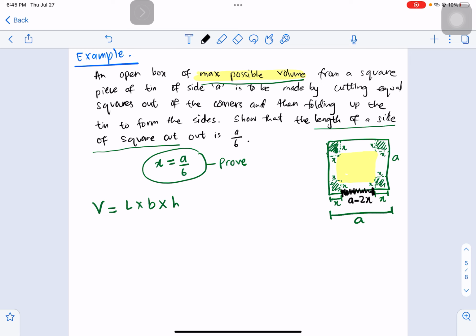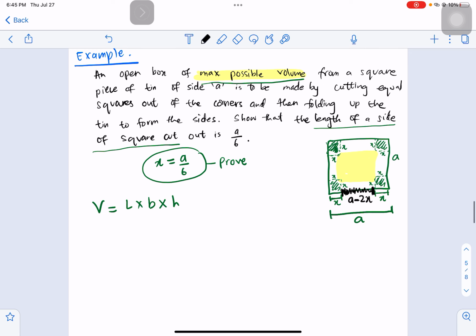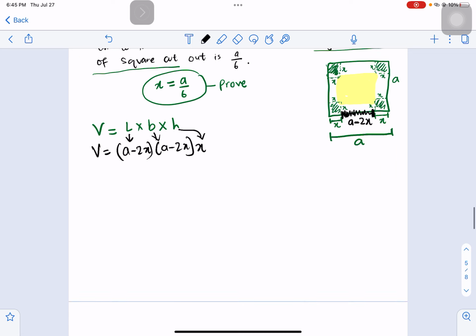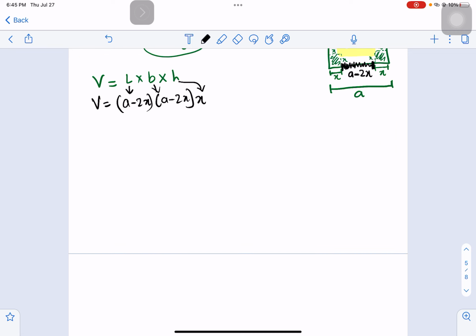So we already got our length. The length of the base of the box is a minus 2x. The breadth is also the same, a minus 2x, and the height is x. So this is our volume, the main equation.